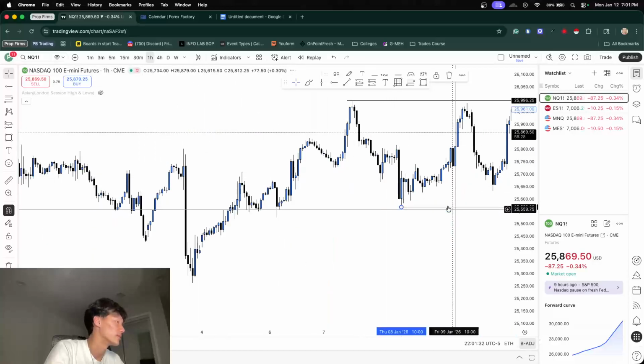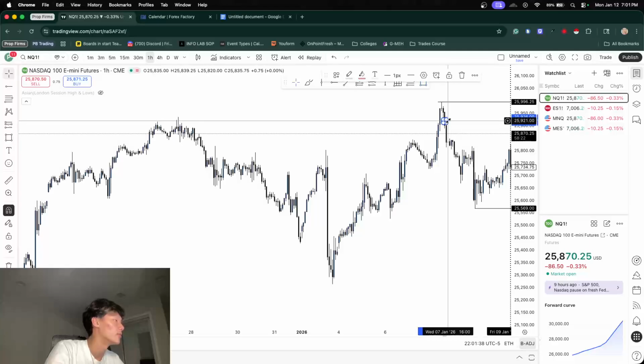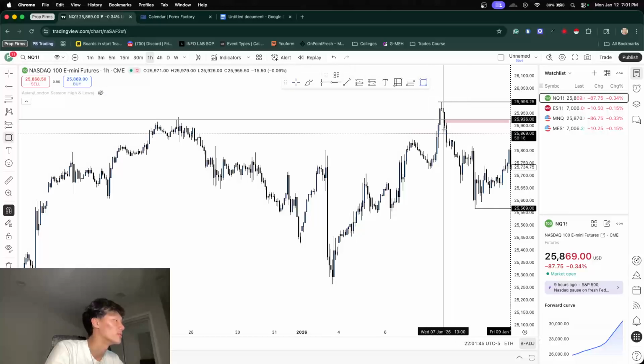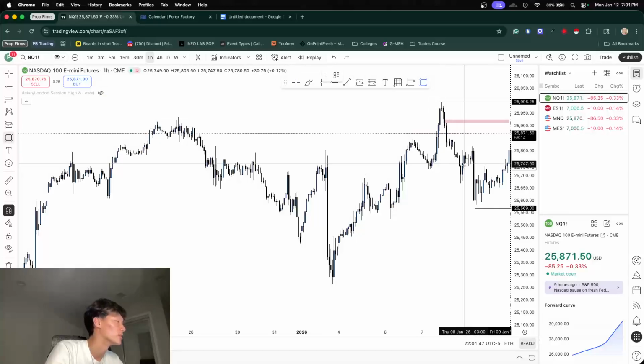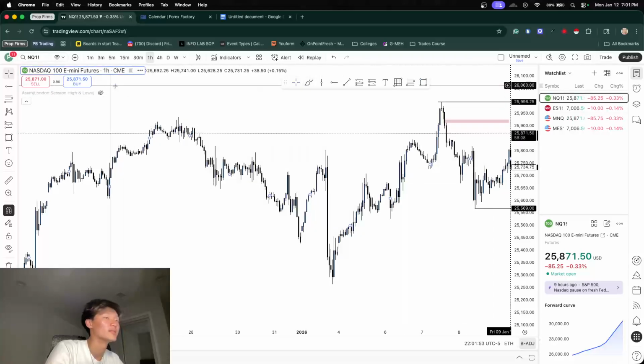Let's go to the 1 hour. Anything unfilled? Okay, we have an unfilled 1 hour bearish fair value gap. We have also another unfilled one. Actually, no, that's filled already. Yeah, that's the only thing I can see.